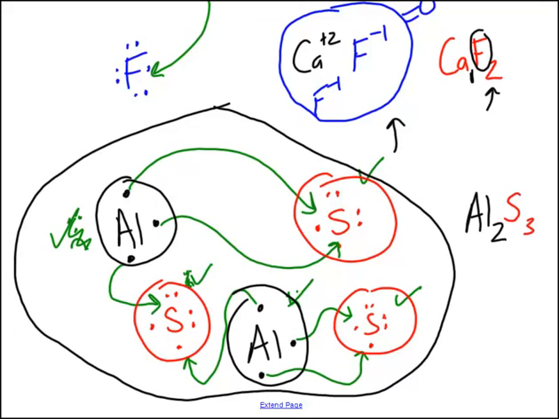So in this compound of Al2S3, we know that there's 2 aluminum and 3 sulfur, and that gives them all a stable arrangement. They can all become more stable just by accepting or donating electrons. Overall charge of 0, and so we have a compound called aluminum sulfide.